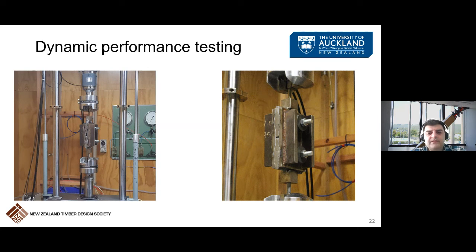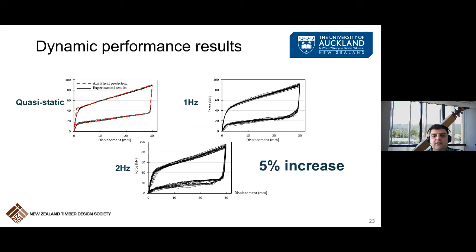Dynamic performance. When we were doing the research, we were asked what will happen to the device if it's loaded rapidly. Does it change the specification? So we performed a series of dynamic tests to make sure that we're not compromising on the performance.